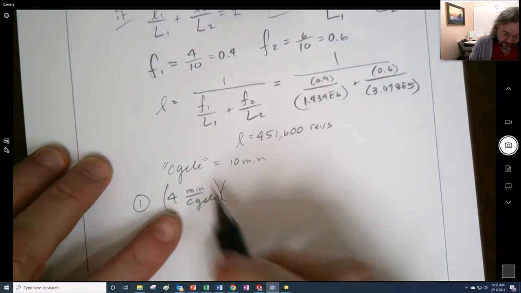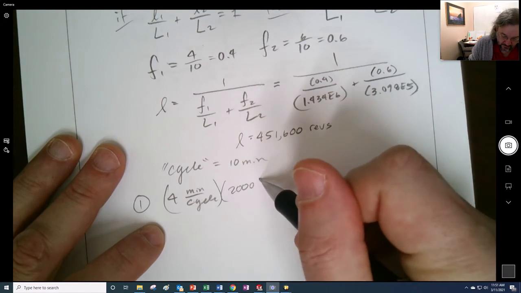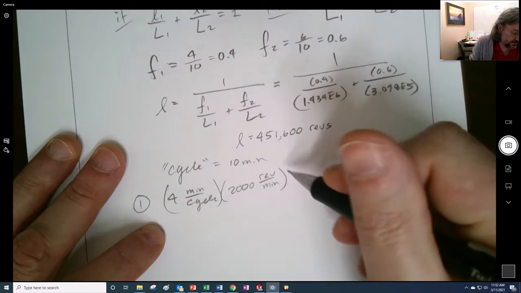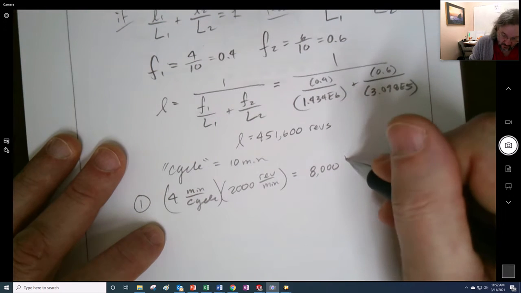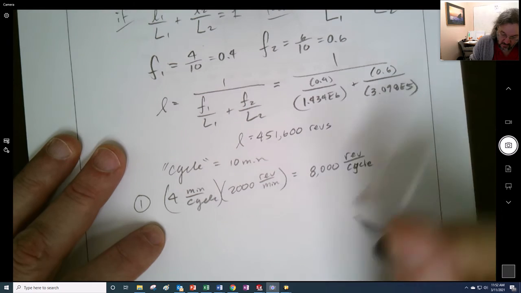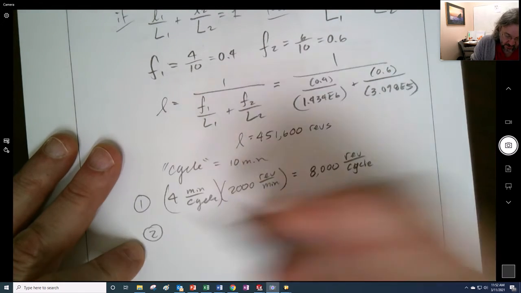Okay, so this is going to be at 2,000 RPM. These are revolutions per minute, right? So we can say that these are going to be 8,000 revolutions per cycle. The cycle occurs every 10 minutes.